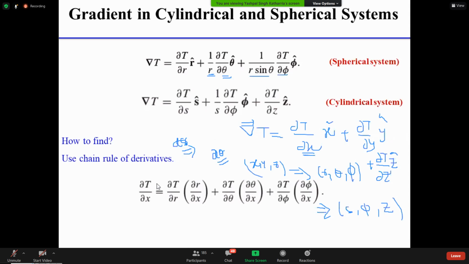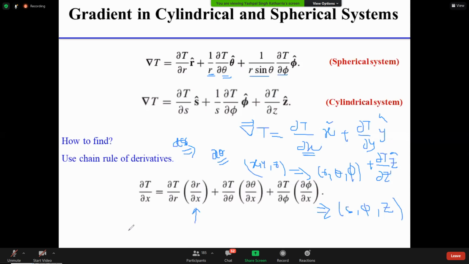We can write del T over del x as del T over del r into del r over del x, plus del T over del theta into del theta over del x, plus del T over del phi into del phi over del x. Then the next thing you do is put in the values of del r over del x, del theta over del x, and del phi over del x.